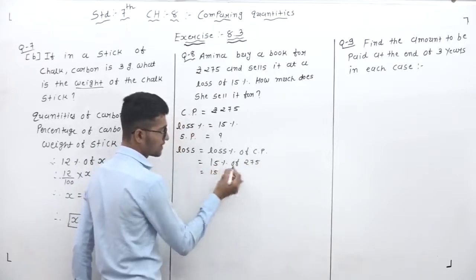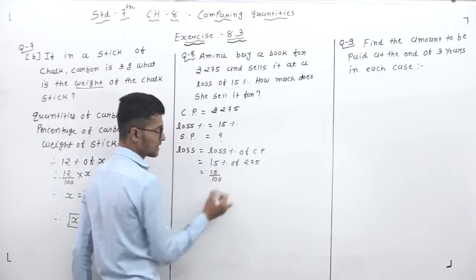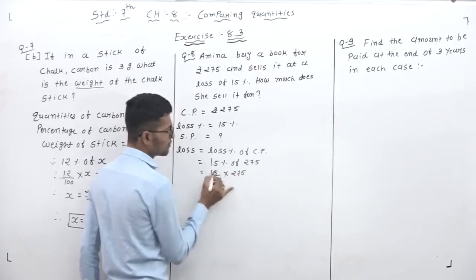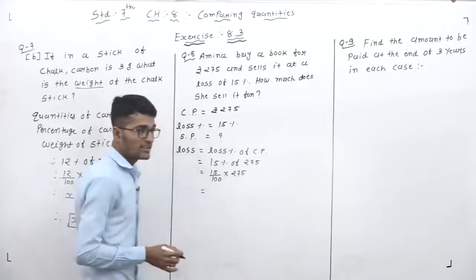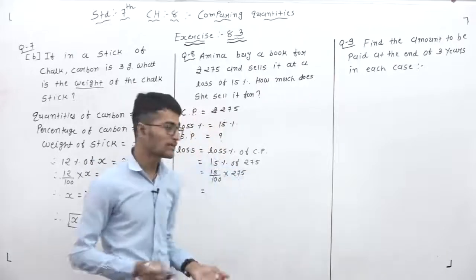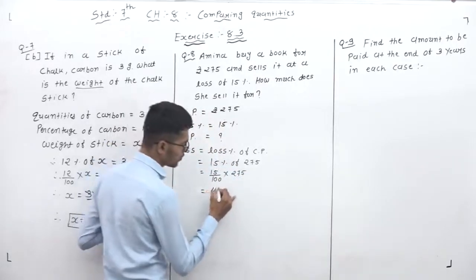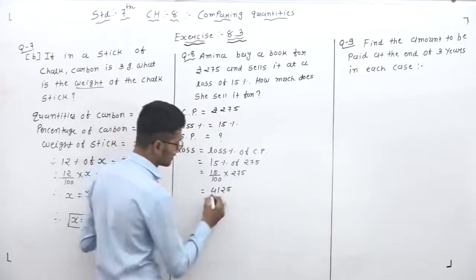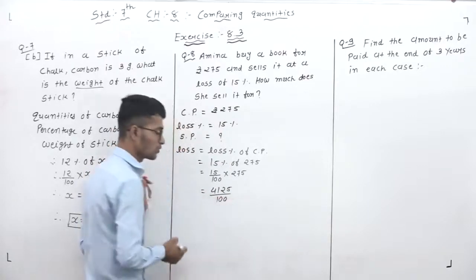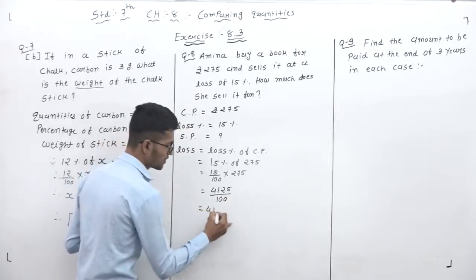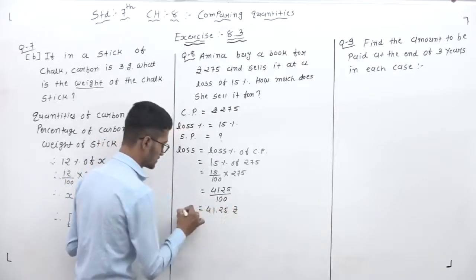Now 15, remove the percentage sign, means divided by 100. Of means multiply, 275. If you multiply 15 by 275, your answer is 4125. So 4125 by 100, which means 41.25 rupees loss.